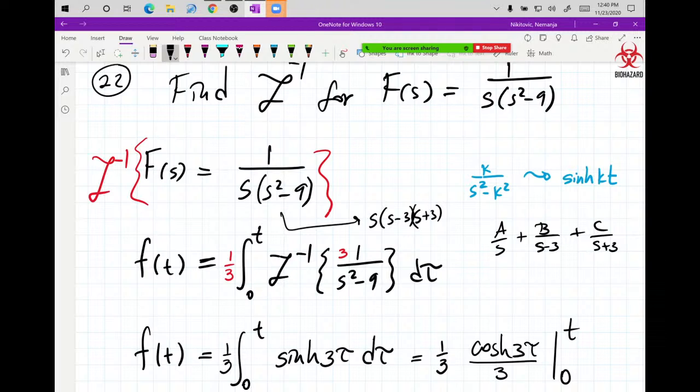You see that you are going to get some form of b e to the 3t and then c e to the negative 3t with a plus in between, and b and c are going to work out to be the same, obviously.